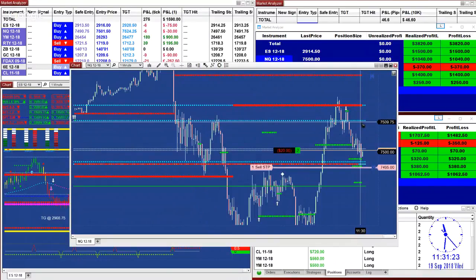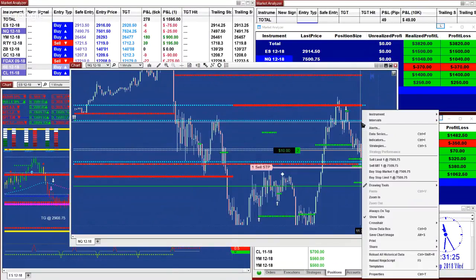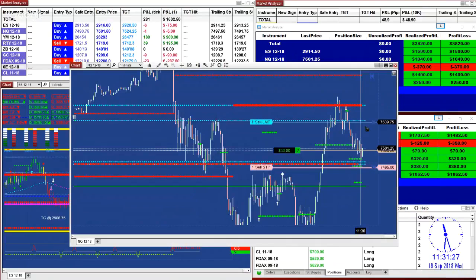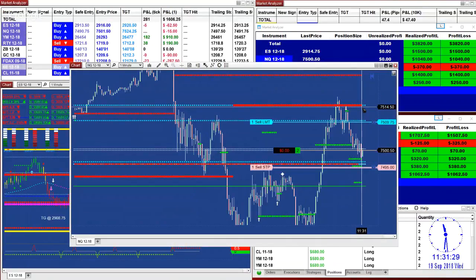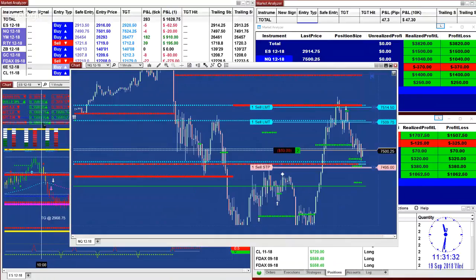So the first trade, this is how you need to do it. And then the second one right there. This is a very, very nice trade. Instead of going two contracts at the same time, we can spread them out. There we go.